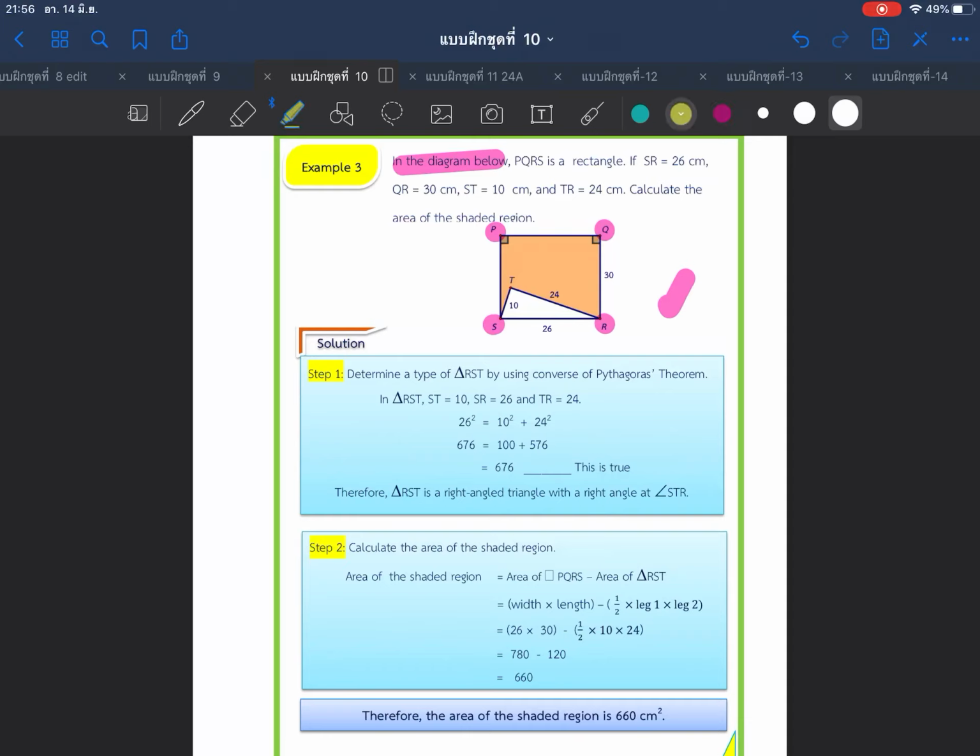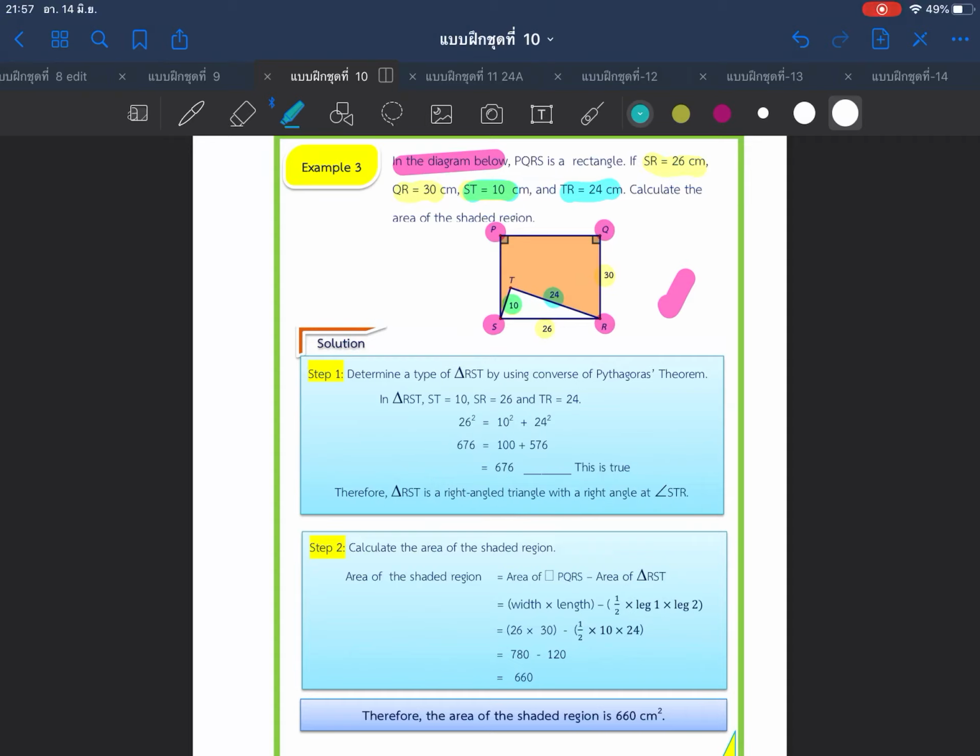SR is 26 centimeters. QR is 30 centimeters. ST is 10, and TR is 24 centimeters. Calculate the area of the shaded regions.